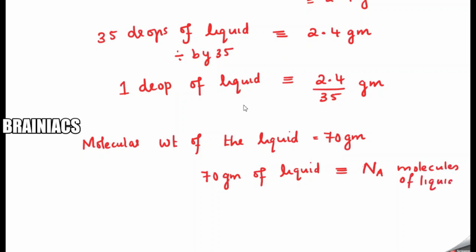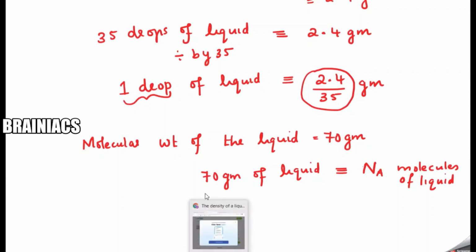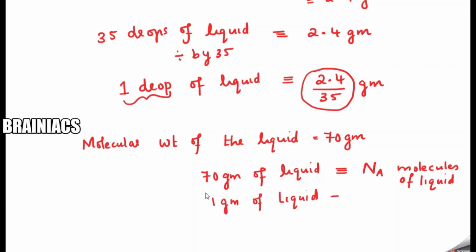Now 70 gram contains Avogadro number of molecules, but can you tell me which mass one drop has? 2.4 divided by 35. So I need to know how many molecules are there in 2.4 divided by 35 gram, because that corresponds to one drop. In the question they are asking the number of molecules in one drop. So let me find out for 1 gram. 1 gram of liquid has Na by 70 molecules of liquid.